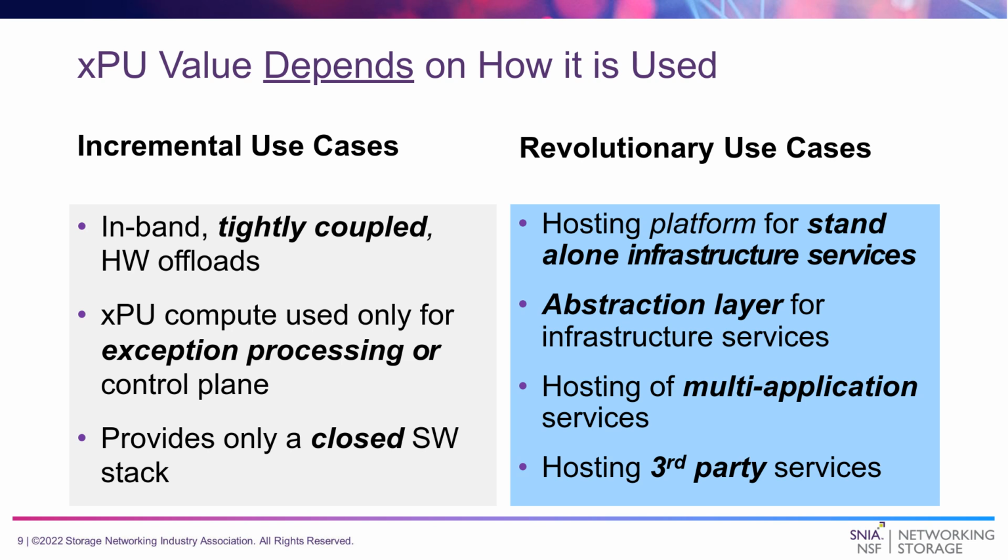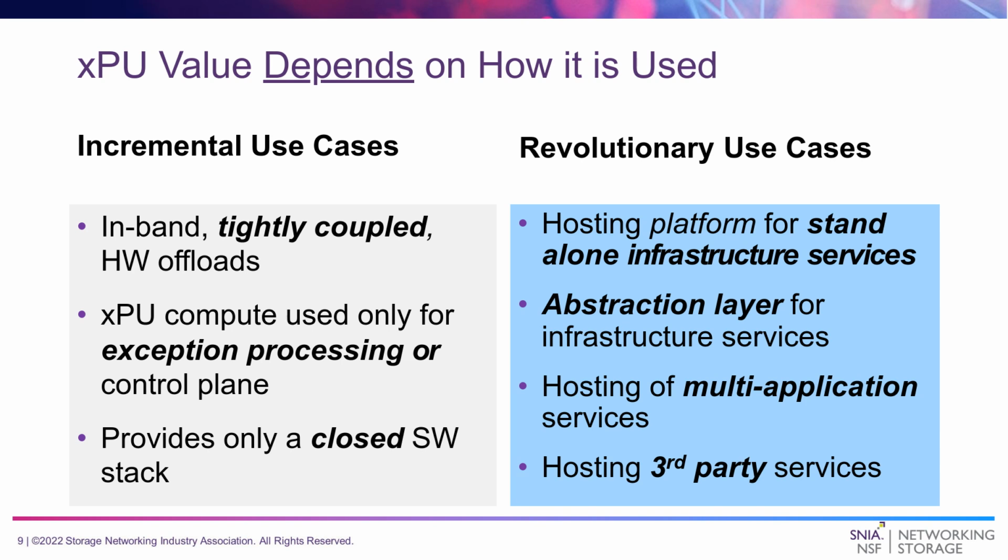And then finally, if your XPU comes with a closed software stack, so you bought your XPU card from a vendor, and that vendor gives you all of the software that goes on that XPU, and the only way to consume those cores and the capabilities of the XPU is through an SDK that's accessed by an application running on the host server, again, that's a very traditional performance NIC use case.